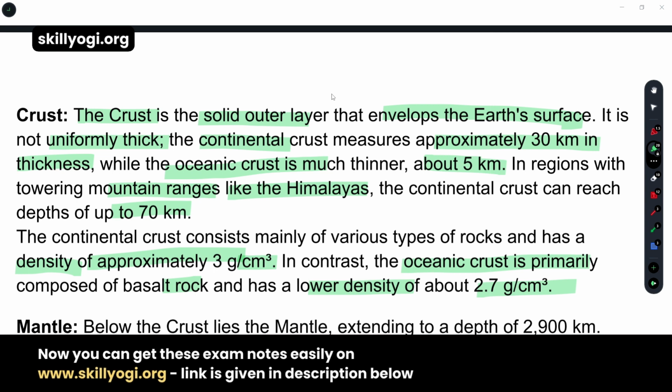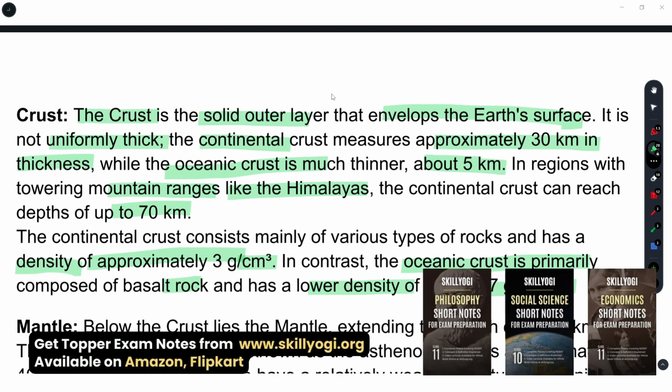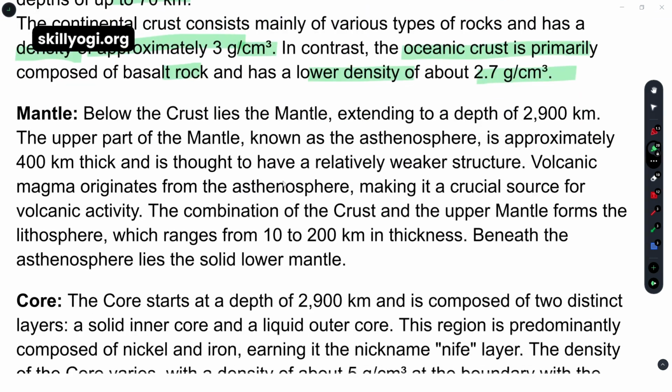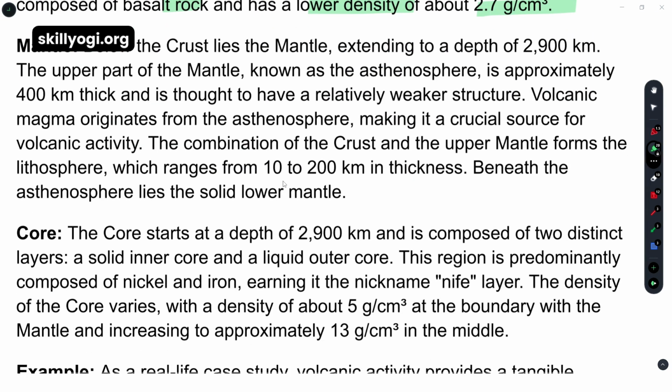Third, the depth can be up to 70 km. Continental crust density is approximately 3 gram per centimeter cube, and oceanic crust density is almost 2.7 gram per centimeter cube. These 5 pieces of information we gathered from the above paragraph.